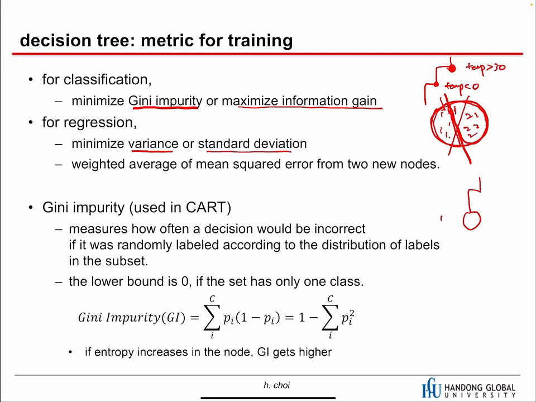So we have 100, 102, 103, and at the same time 3, 4 and 5. These are labels, okay? So in this node we have 6 samples with labels like this, and the variance is quite high.